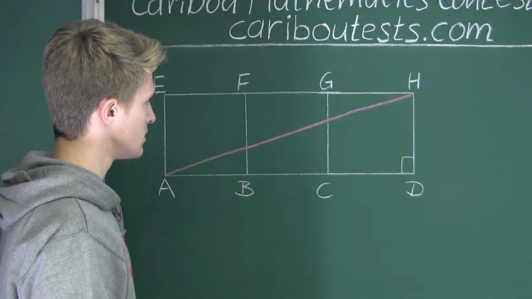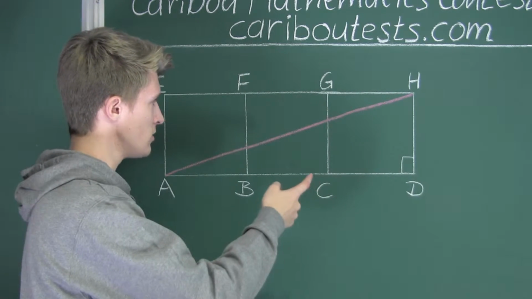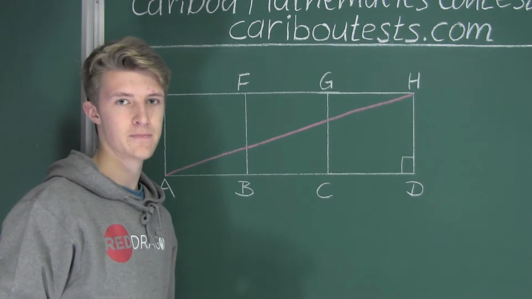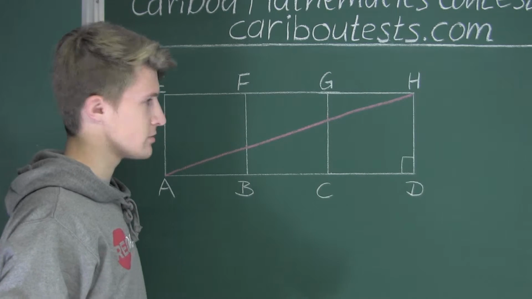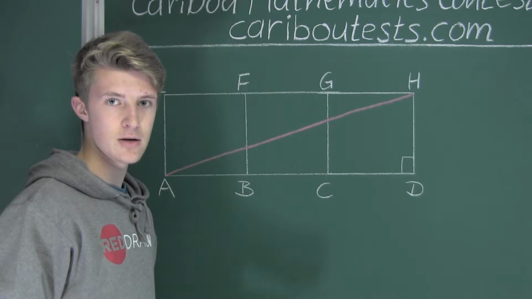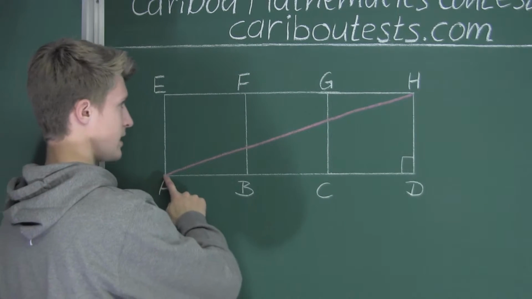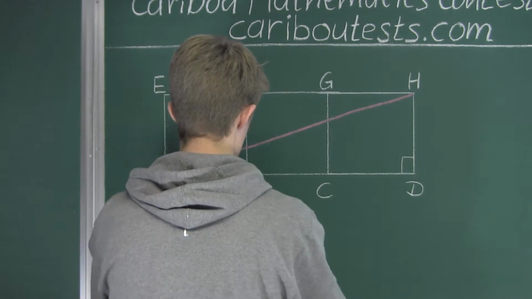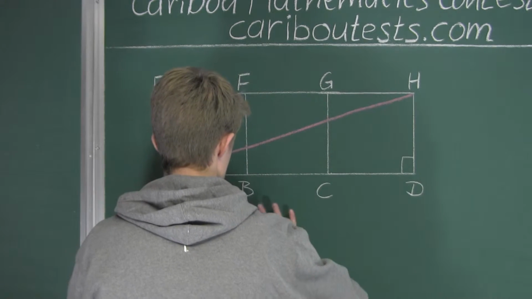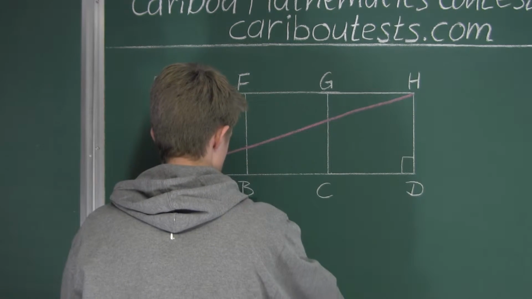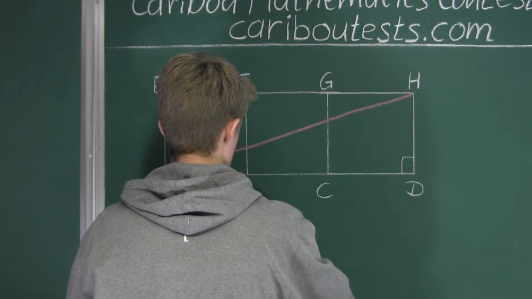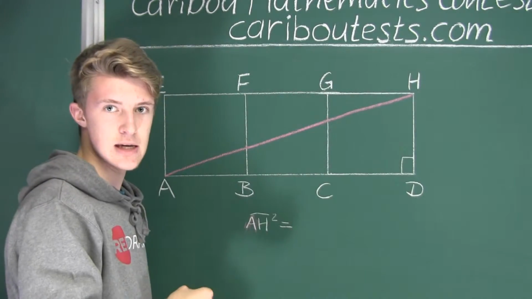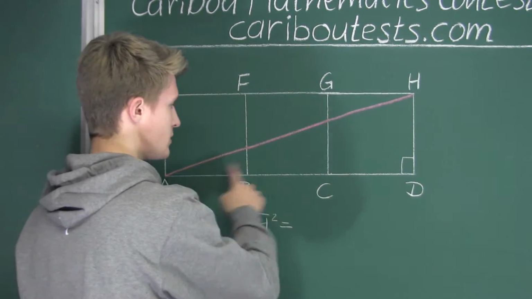And now since we have the right triangle, to calculate this line's length, we can use the Pythagorean theorem. The Pythagorean theorem says the hypotenuse length squared, which is this line, so AH squared, is equal to the sum of the squares of the two other legs.